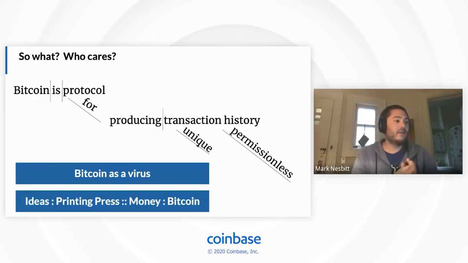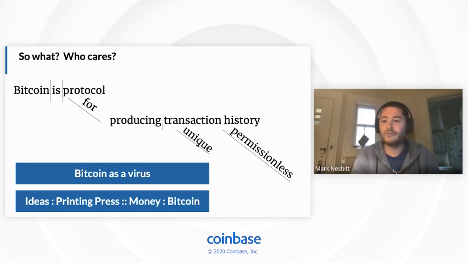I think it's also worth thinking about the consequences of this idea that it's moving under its own gravity and its own weight, and somewhat sort of unstoppable in a certain way. In the same way that the printing press freed ideas and allowed them to no longer require the permission of the halls of learning and power, I think of money and Bitcoin having a similar relationship.